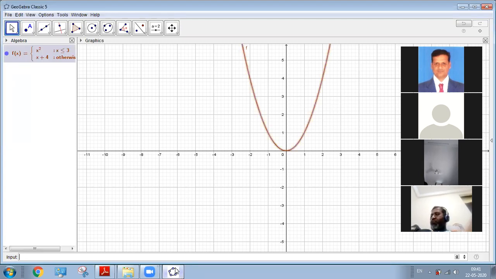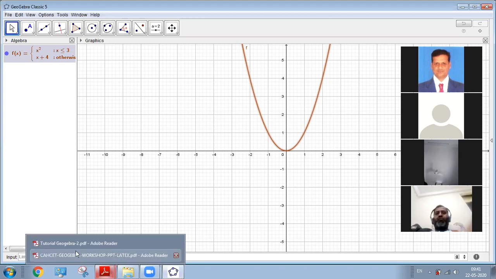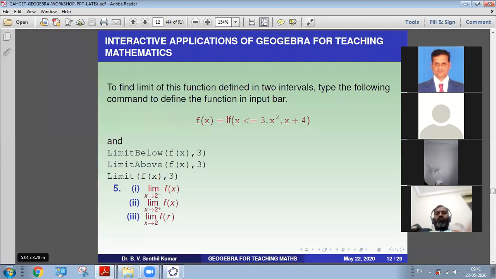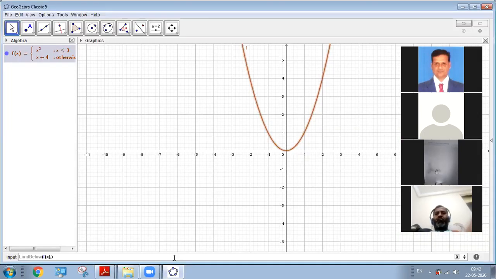Now limit below f of x comma 3, we have to find the limit of this function at 3. So the left limit is 9.